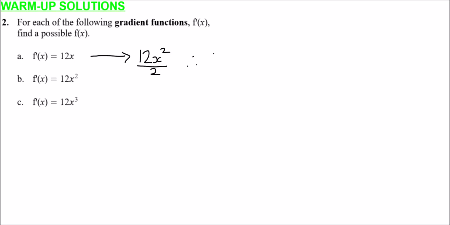So the original function f of x may have been 12 divided by 2, which is 6x squared. If you're wondering why it couldn't just be 6x squared and nothing else, hold on, later in this video I'll come to that and explain in a bit more detail.